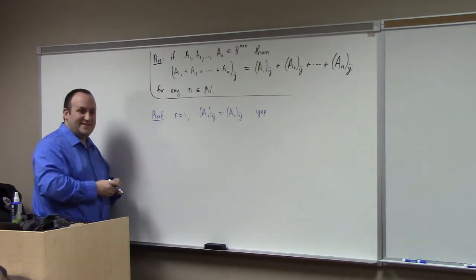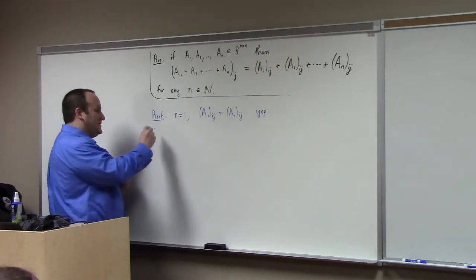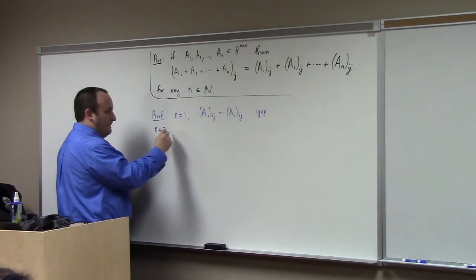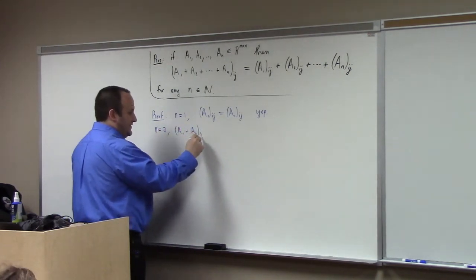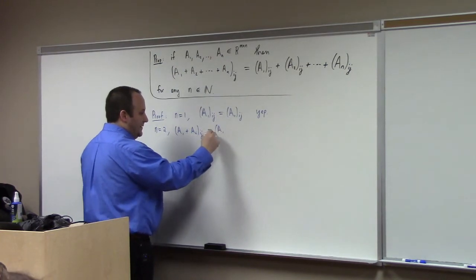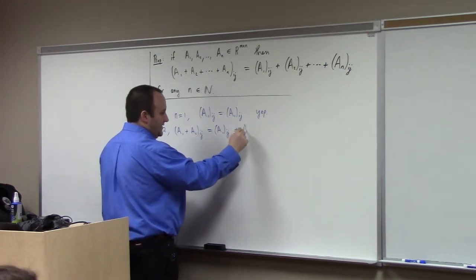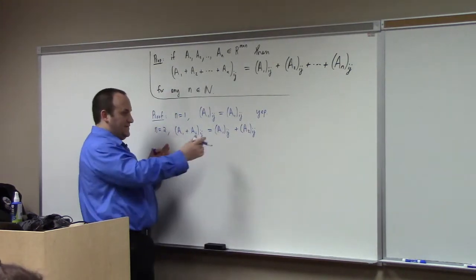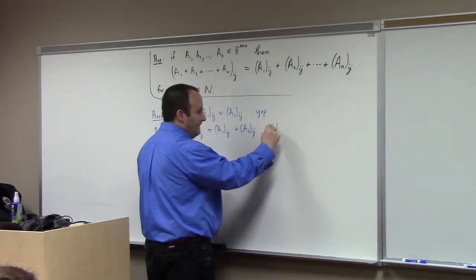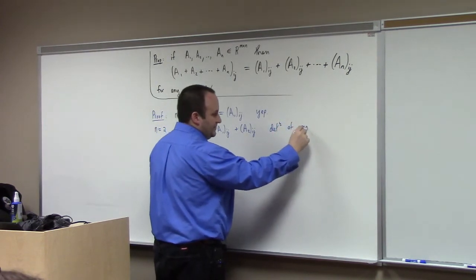N equals 2 is the definition. We have (A1 + A2)_ij. Why is that equal to (A1)_ij + (A2)_ij? Well, this is the very definition of matrix addition.